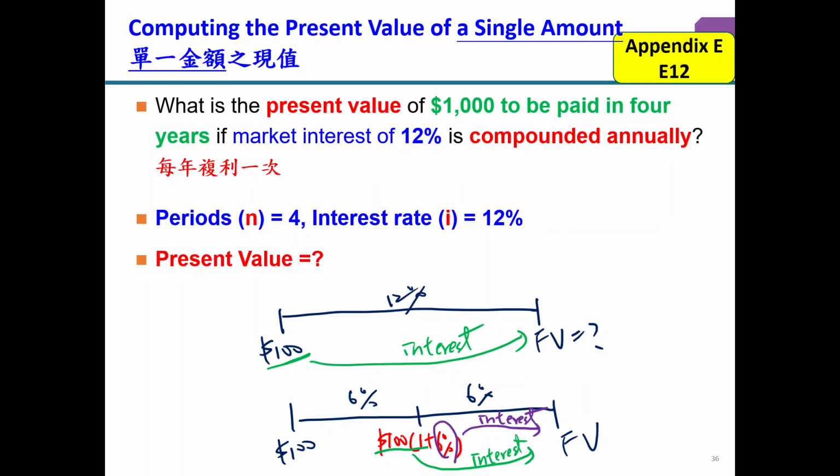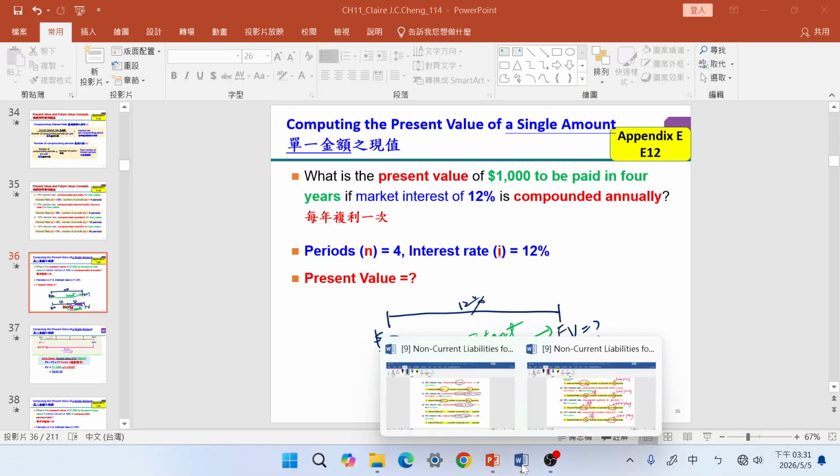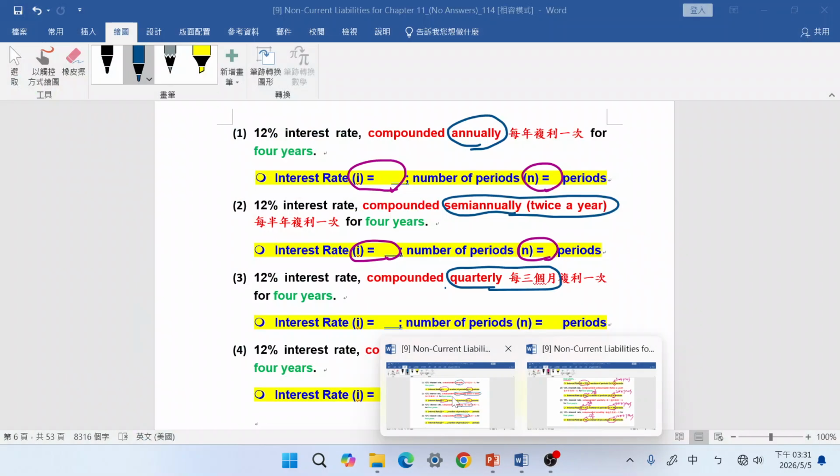Please finish your handout on page 10 and page 11. Page 10 and page 11, what's the difference? Page 10, compounding annually. So look at your page 10.